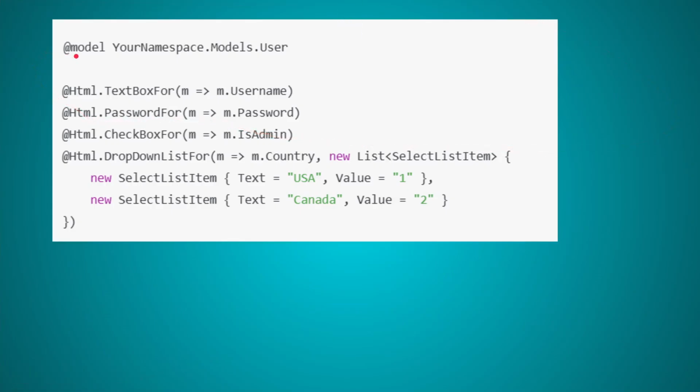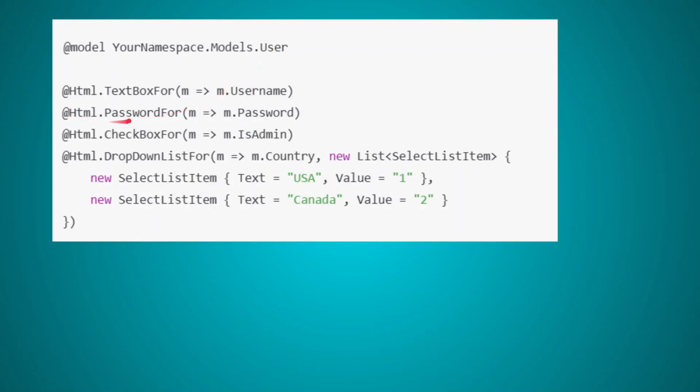Now we'll see @model YourNamespace.Models.User. This is going to be returned from the controller to here only. So @Html.TextBoxFor(m => m.Username). This username, password, IsAdmin, or this select list item, all these three will come from this user only.